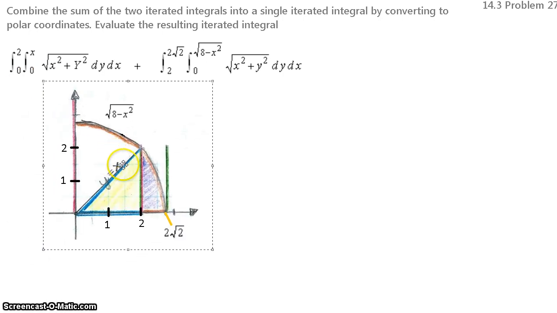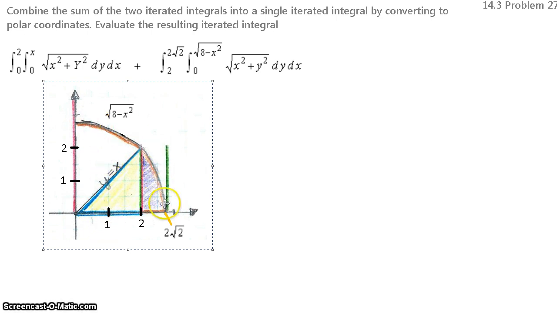And then the second one is going to bring in this purple sliver here. Y is bound by 0 and root 8 minus x squared. So root 8 minus x squared is going to be this arc right here. And then y equals 0 is going to be right here. So it's the same lower bound, if you want to think of it that way.